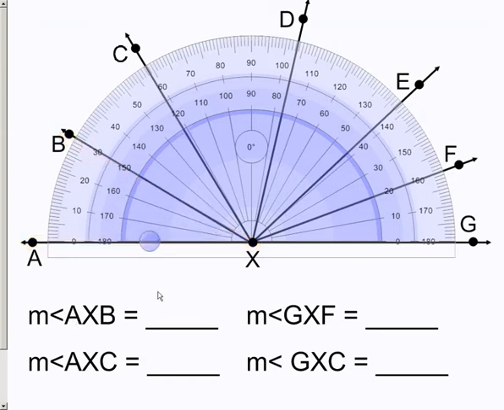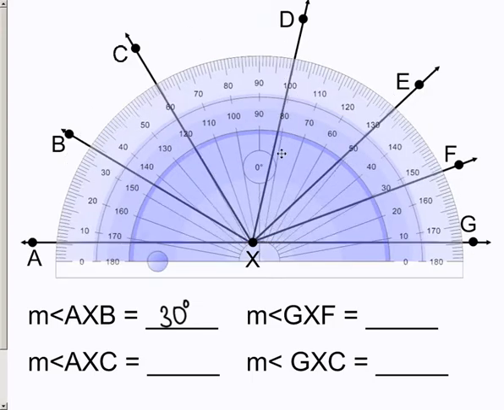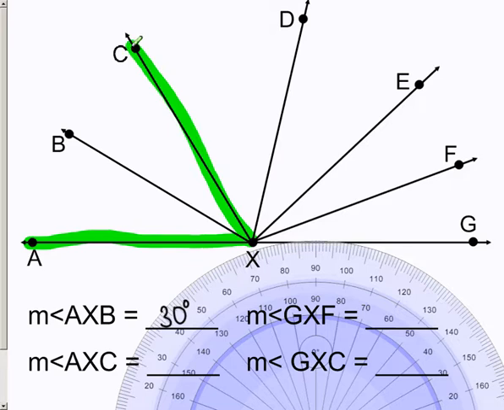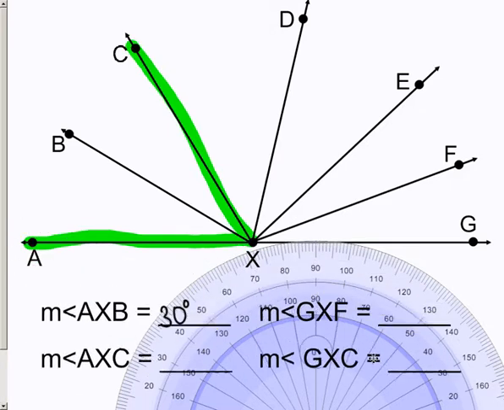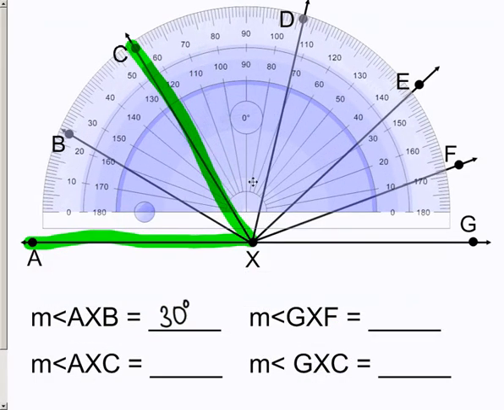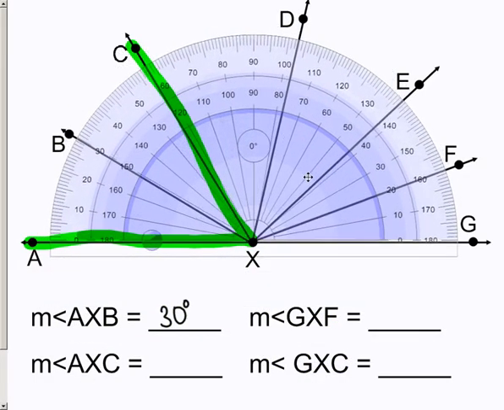Now, the next thing that we need to do is measure angle AXC. So let's just move this down and take a look at it. Here's angle AXC. So it's like the next angle over. We'll put our protractor back on it. We're going to set the middle of the protractor down on the vertex of the angle we want.